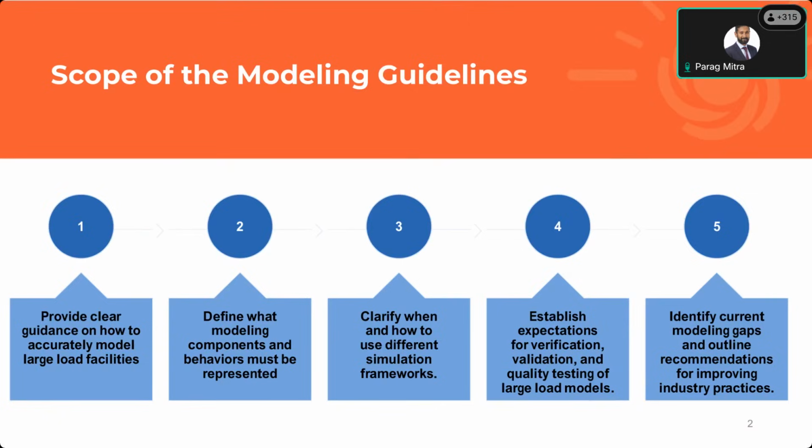Now, as these facilities have started growing larger and larger in size, there's, of course, the need to look at this modeling from more of a lens of accuracy rather than using an approximate approach. So really what this guideline tries to do is provide some insights into how you could develop these models that are more accurate.